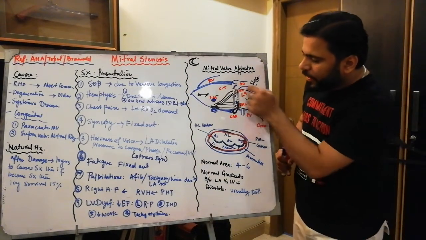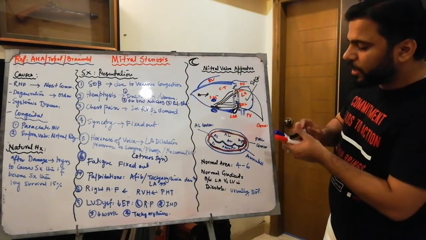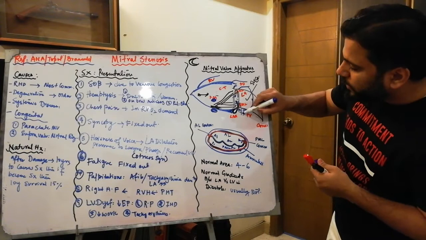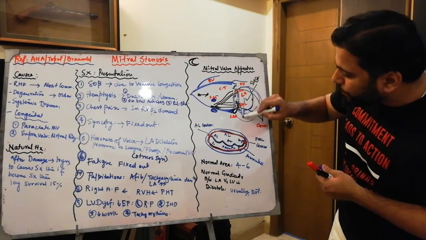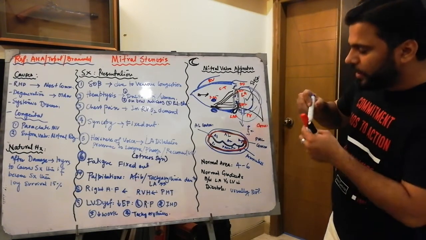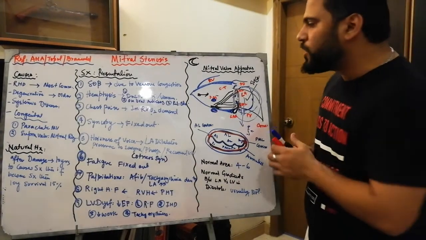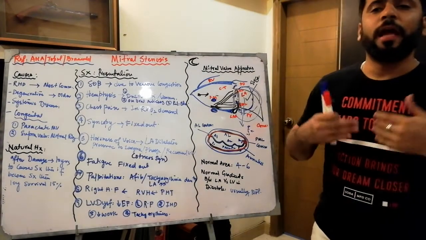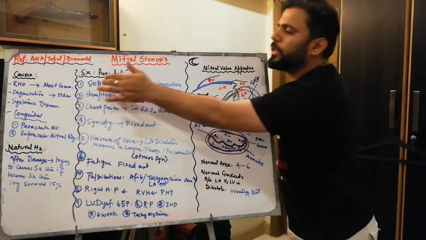If there is an increased LA pressure because of the stenotic mitral valve, it increases the LA size and transmits the pressure towards the lungs. In the lungs, it increases the venous pressure and the pulmonary hypertension, causing venous congestion and pulmonary edema, and causing the shortness of breath.